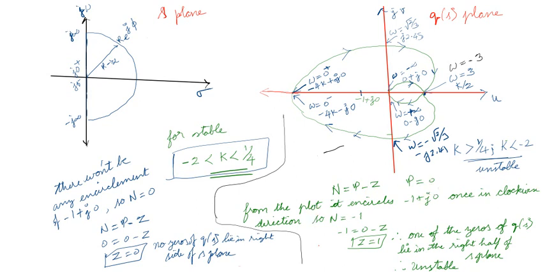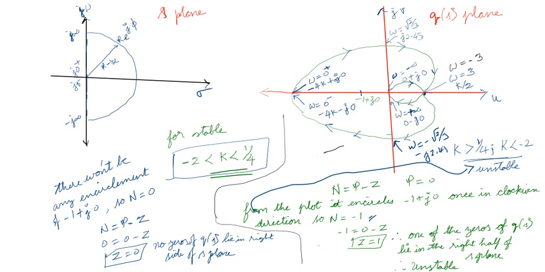From the plot under this condition, it encircles minus 1 plus j0 once in the clockwise direction. So p is 0, so n is equal to minus 1. One time it's encircling, but it is not in the counterclockwise direction. It is in the clockwise direction. So we are putting n as minus 1.